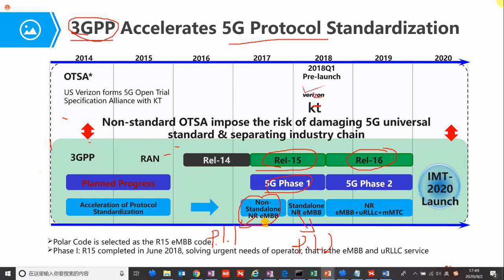Phase 1.1 is non-standalone, and phase 1.2 is standalone. Non-standalone means the 5G base station will be deployed together with the 4G base station, and standalone means just having the 5G base station.